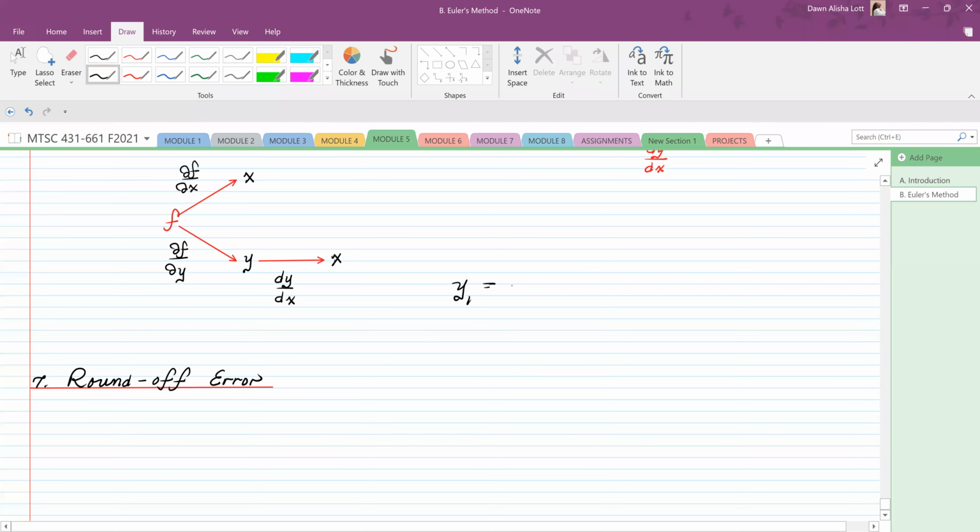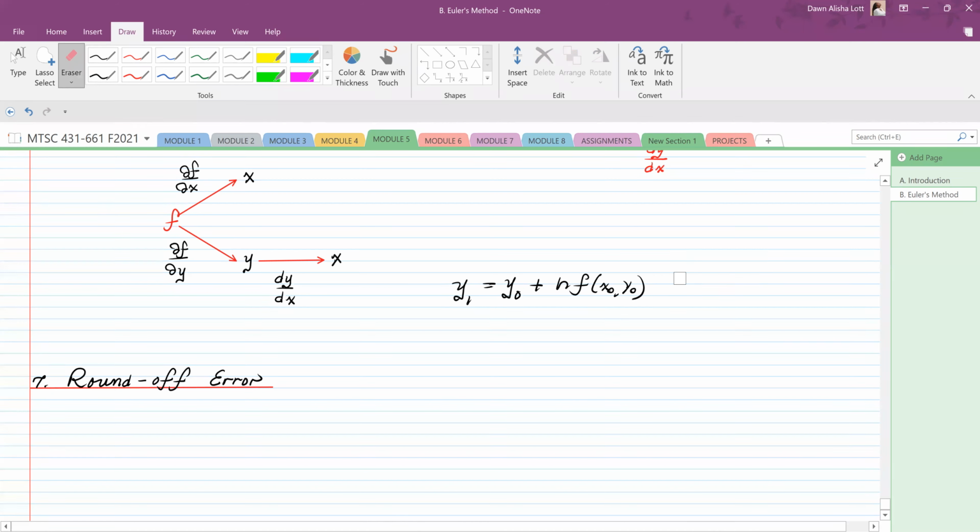If I find y1 is equal to y naught plus h times f of x naught y naught, and I'm chopping, I'm going to do round off error.